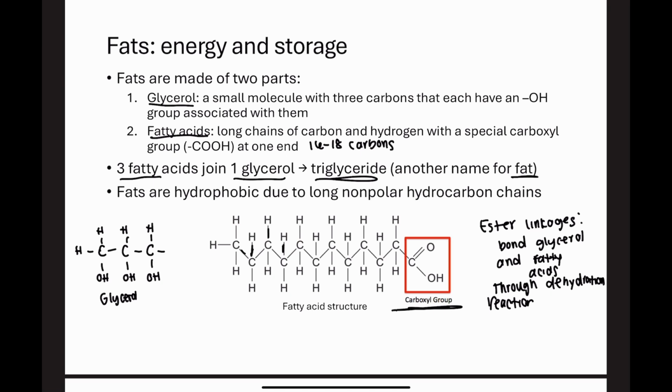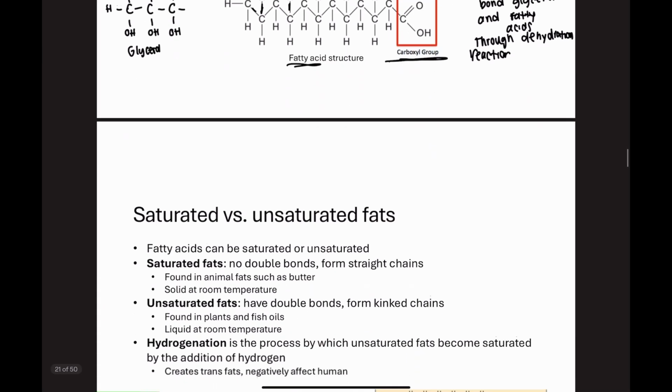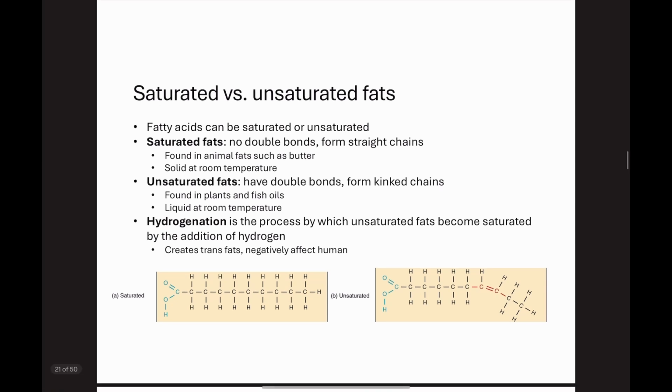The 3 fatty acids that come together can be identical or different, and depending on their structure, that's going to contribute to the molecule's diversity. So we can have different kinds of fats, and the fats can be saturated or unsaturated.